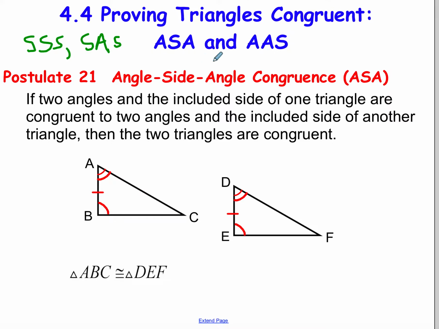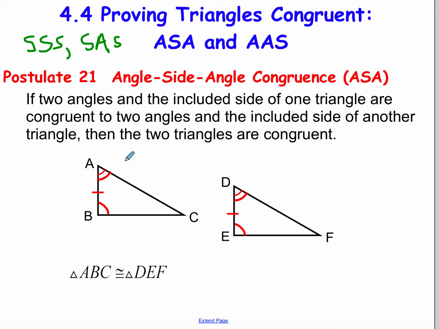Okay, and so angle side angle is exactly what it sounds like. If two angles and the included side of one triangle are congruent to two angles and the included side of another, then we can say that the two triangles are congruent. If you remember the included angle in our lesson yesterday, that was the angle in between two sides that we've proven are congruent.